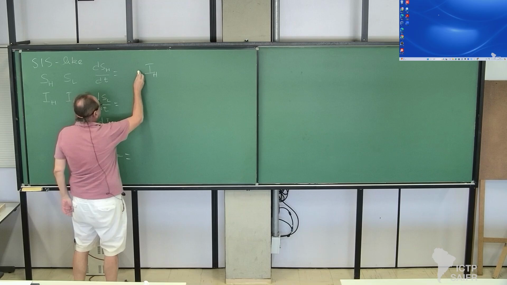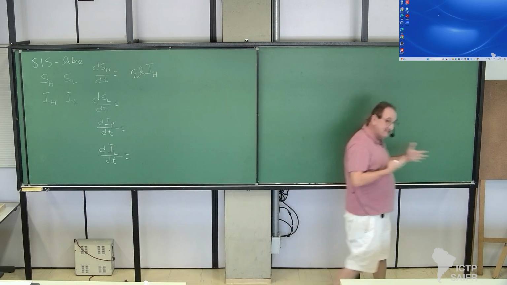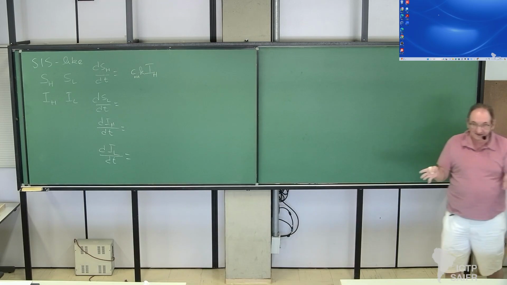Okay. And then once you have a contact between high risk and another person of high risk, you need to take into account the probability that this high risk person actually is susceptible, not infected, which will be something like S_H divided by N_H, where N_H is the total number of high risk people.